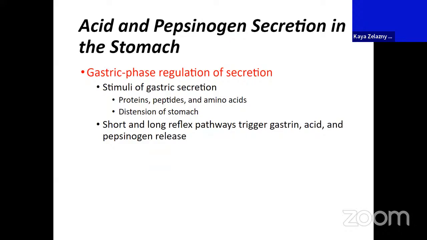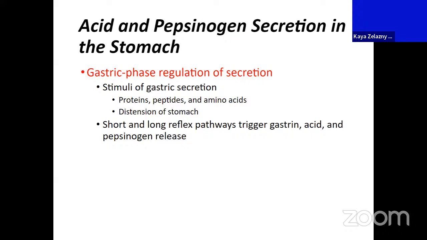So we're sensing stomach distension as that stomach fills up. This gastric phase regulation is a reaction to literally having stuff in the stomach. We're sensing proteins and broken down protein products, as well as the stretch on those stomach walls. And you're triggering basically the same things as we did with the cephalic phase. So it's a different origin for why we're doing this, but we're having a similar effect, right?